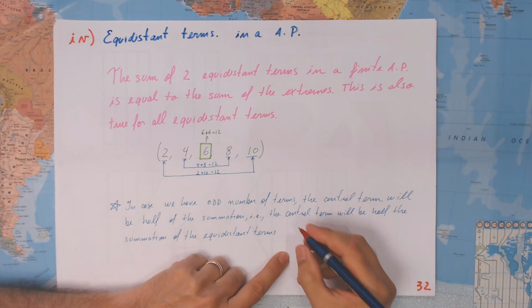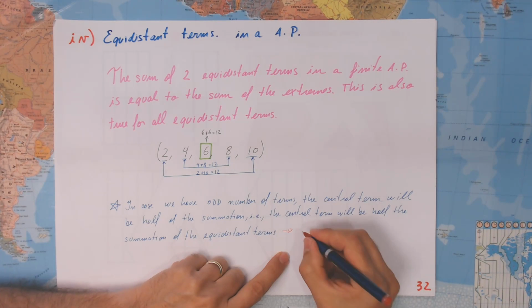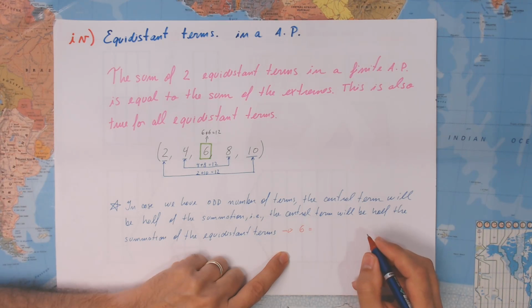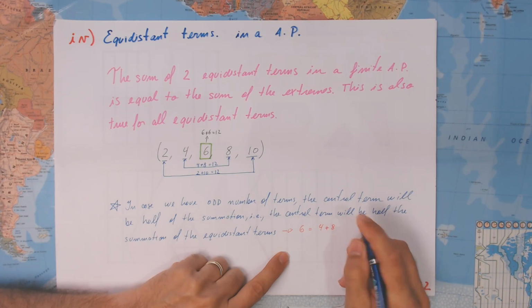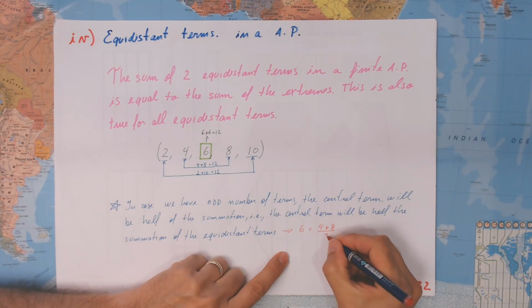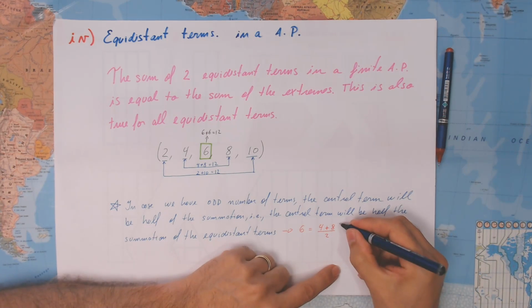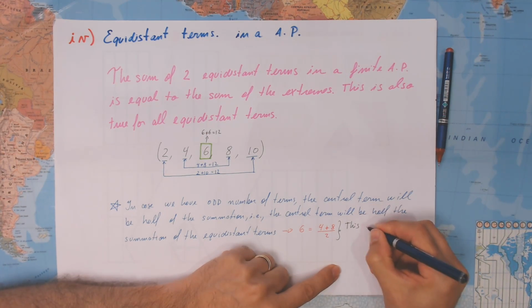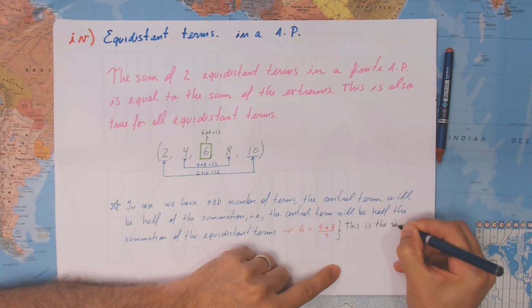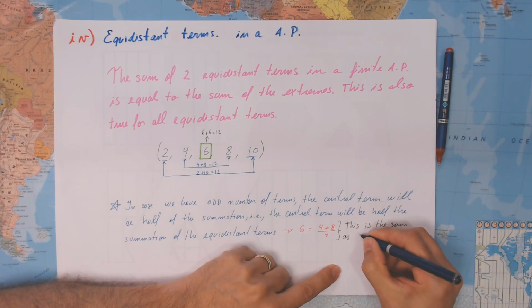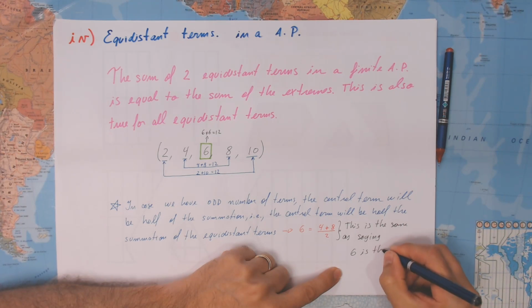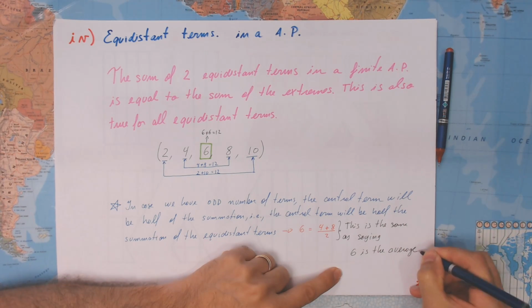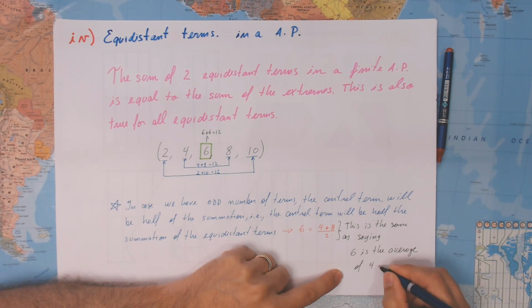And this is what I'm saying. 6, it is central. 6 is going to be half of 4 plus 8, because 4 and 8 are equidistant. Okay, and if you just remember, this is the same as saying 6 is the average of 4 and 8.